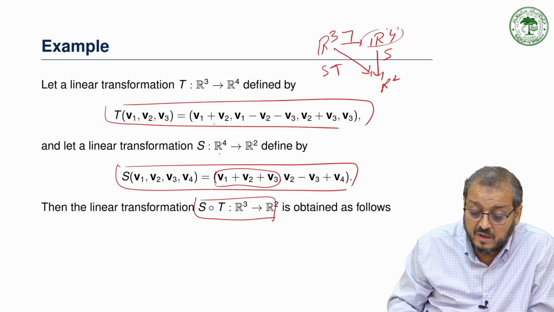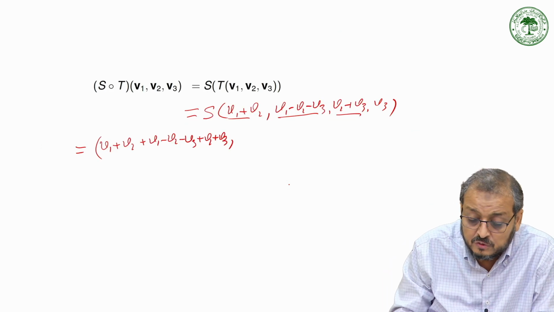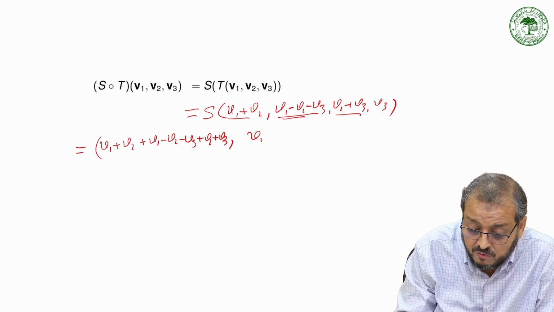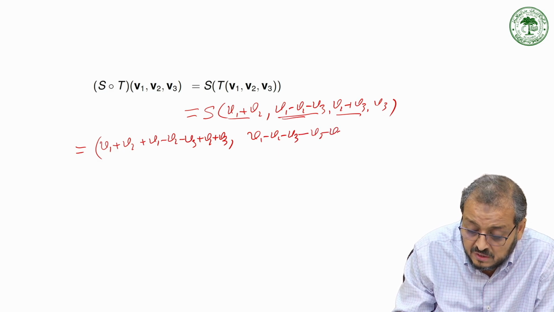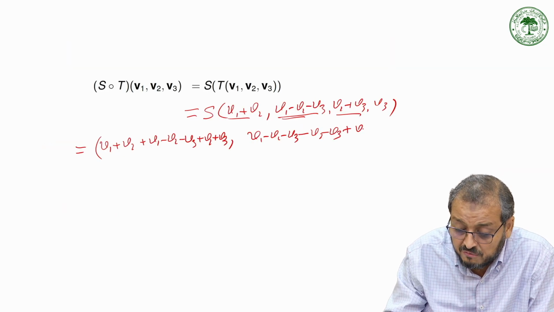And now we have the second term, V2 - V3, so V1 - V2 - V3, V2 - V3, and then plus V4 plus V3.